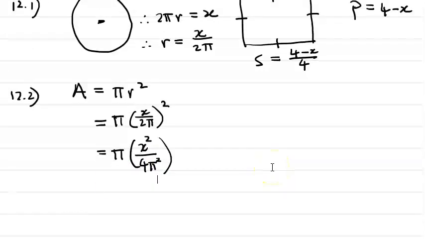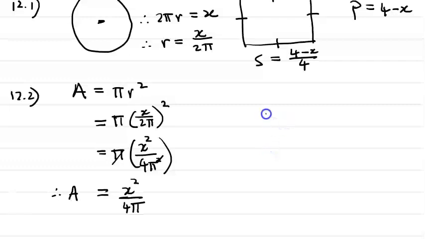And if we simplify that, pi and pi cancel, so we'll be left with x squared all over 4 pi. So therefore the area of the circle is x squared over 4 pi.